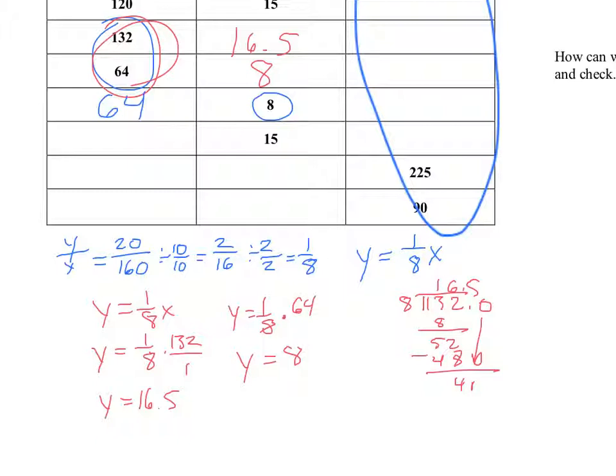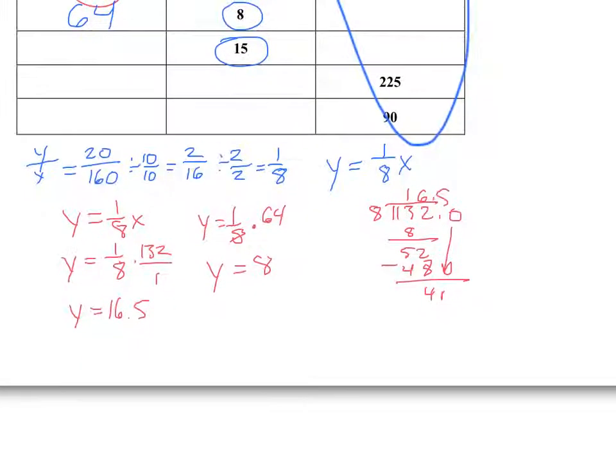Now over here on this last one, we have a y value of 15. So when I use my equation, I'm going to have to be plugging in for the y this time. So y equals 1/8 x, and my y is 15 times x. So I'm dividing by 1/8, but really we know that's the same thing as multiplying by the reciprocal.